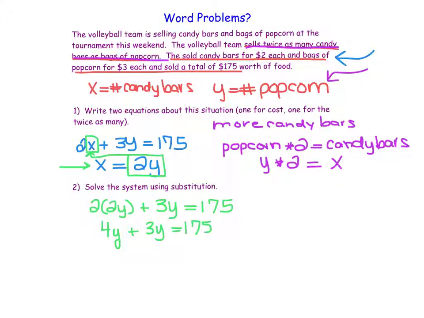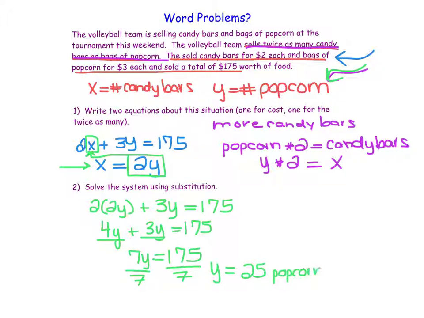I notice that I have like terms on the same side of the equation, so I have 7y is equal to 175. Divide both sides by 7, and I find that y is equal to 25. Now I have to think about this for a second. Remember, y represents popcorn, so I sold 25 bags of popcorn.